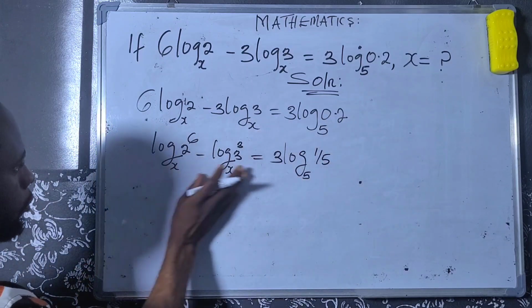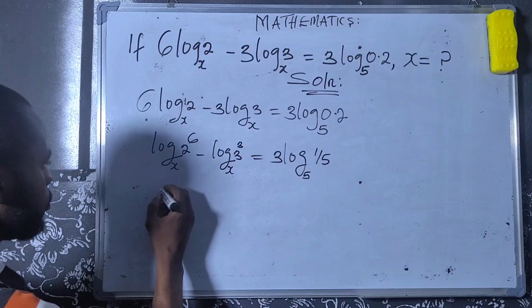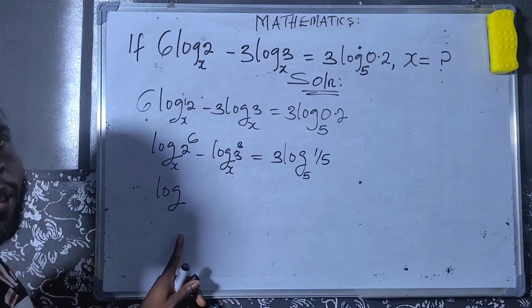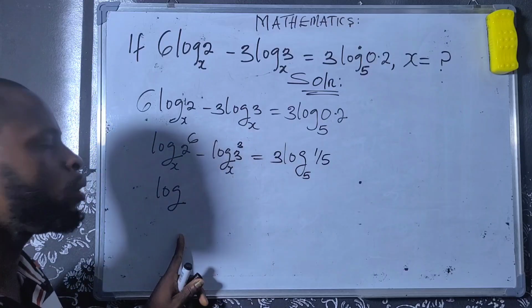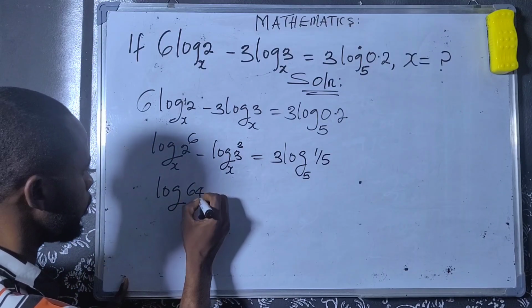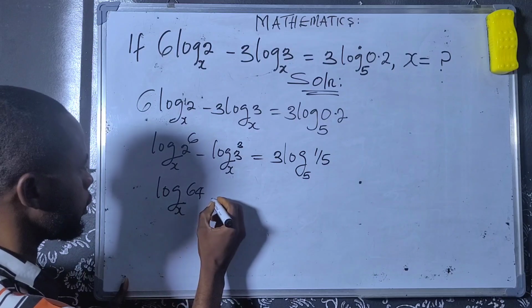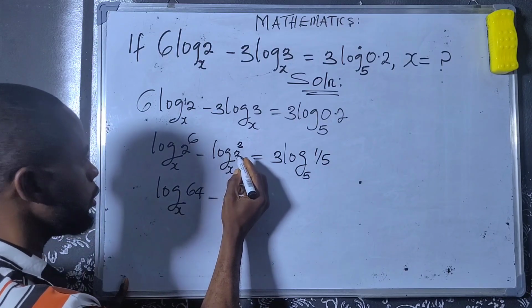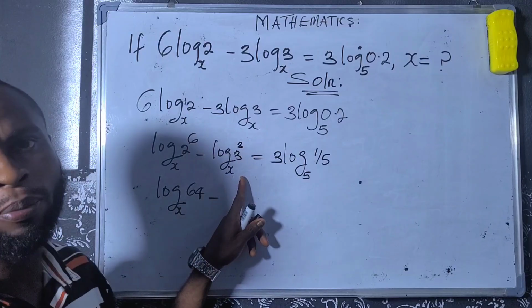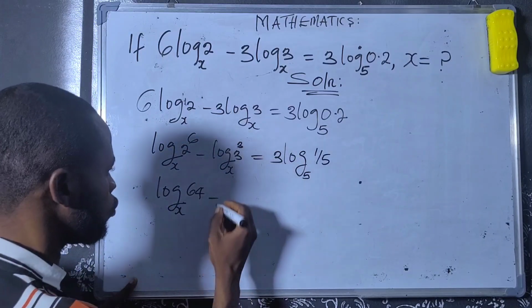If you break this down again, we are going to have log 2 to the power of 6, that simply means 2 multiplied 6 times, which will give us 64. Then to the base of x minus, 3 to the power of 3 implies 3 in 3 places, which will give us 27.